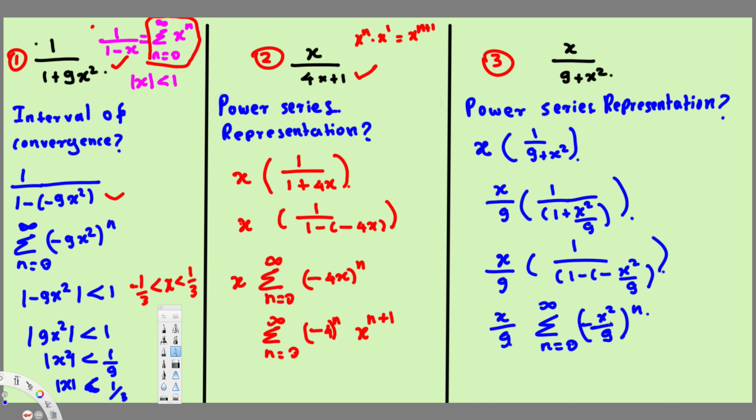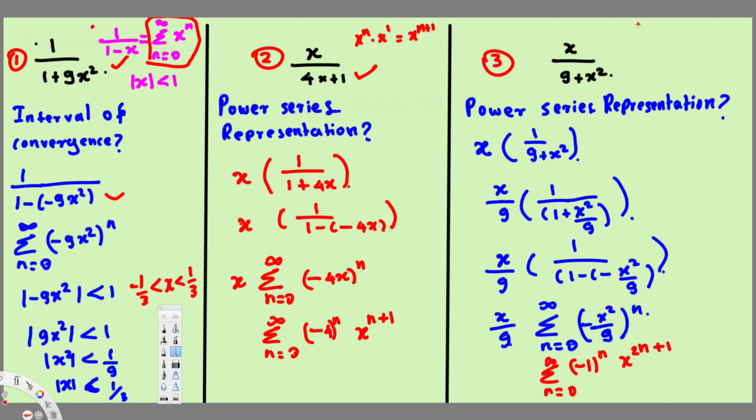Now we have to combine this one with this one. Now let's go ahead and do that. So this is going to be sigma n equals 0 to infinity. Now I can take negative 1 separately, negative 1 to the power n, and then x squared. So this is x to the power 2n, and if I bring this x to this side, this is going to be plus 1, right?